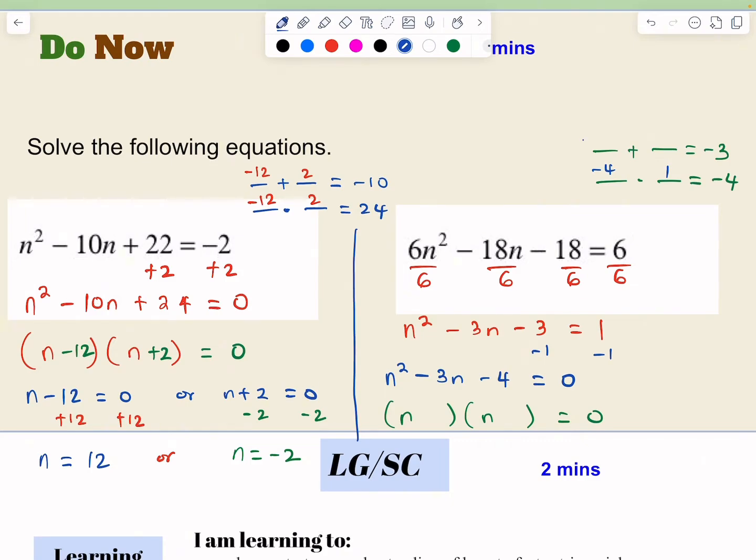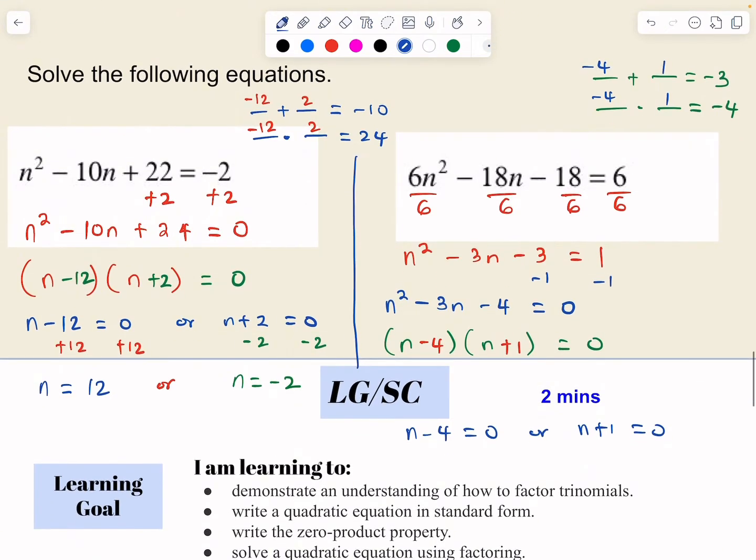And then if I add -4 plus 1, it's going to give me -3. So my factors will be n minus 4 and n plus 1. And then I can use the zero property, which means that n minus 4 will be equal to 0, or n plus 1 will be equal to 0. Now I need to solve for n. So how do I solve? Right here, I need to add 4.